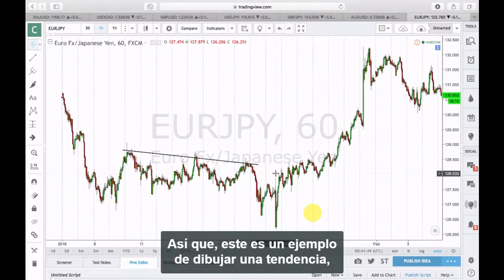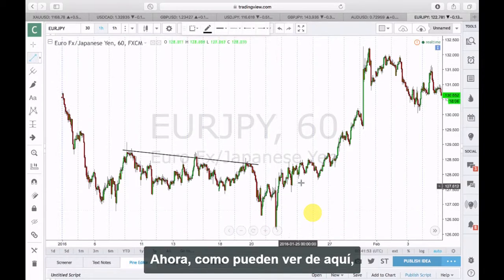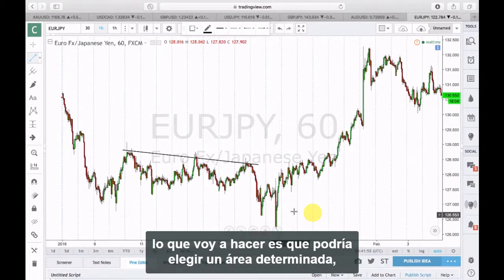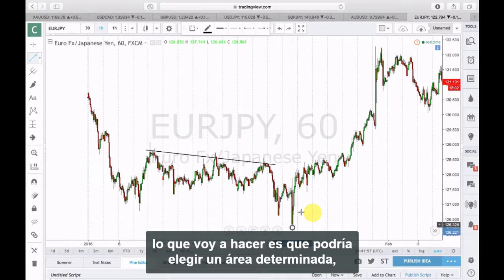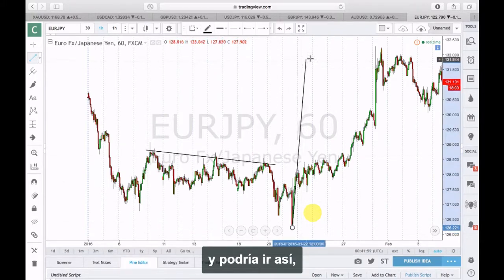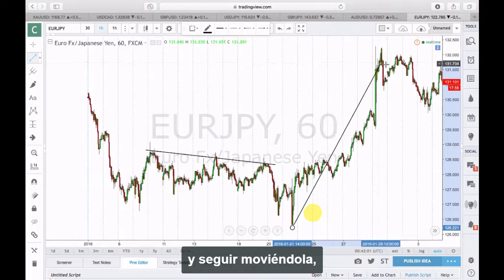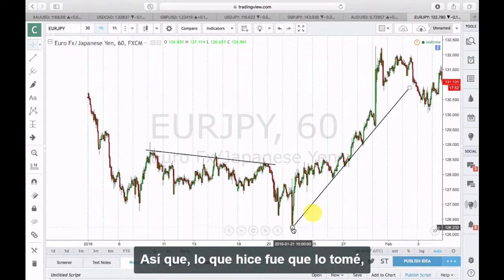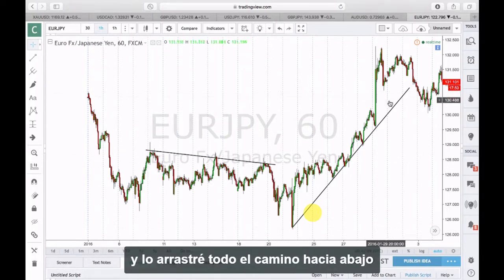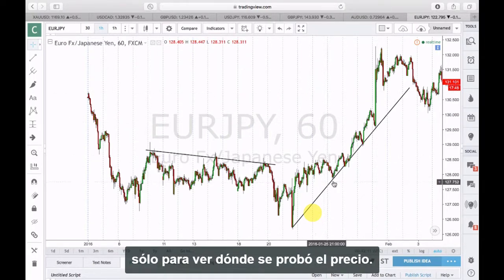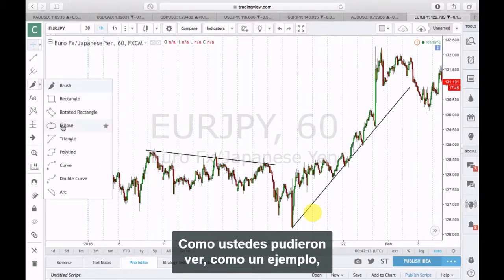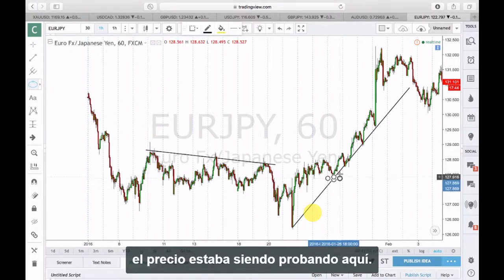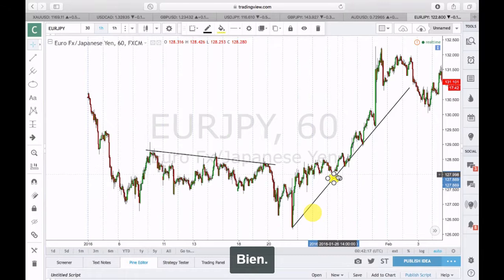So this is an example of drawing out a trend line. Now, as you can see from over here, what I'll do is pick a certain area and just go like this and keep moving it until I see areas where price is respected. Boom. So what I did was I took it and dragged it all the way down just to see where price was testing. As you guys can see, as an example, price was testing here.